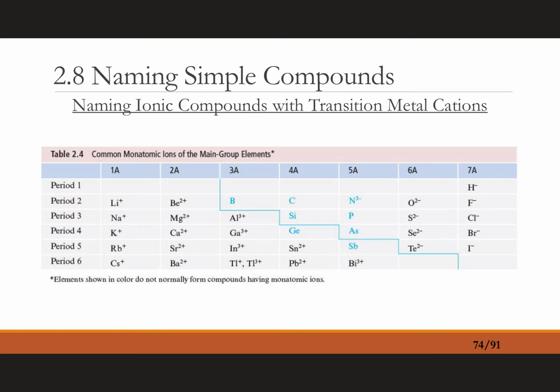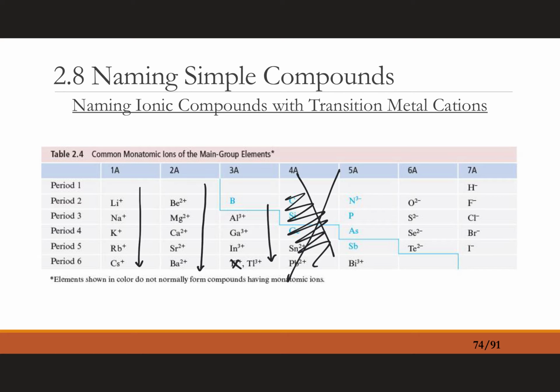All right, so we have here a table with monatomic ions of the quote-unquote main group or representative elements. And you see group 1A, we have all of them with a 1+ charge. Group 2A, they all have a 2+. 3A, except for thallium there, they all have a 3+ charge. Group 4, we typically ignore this, so just don't look at that group.